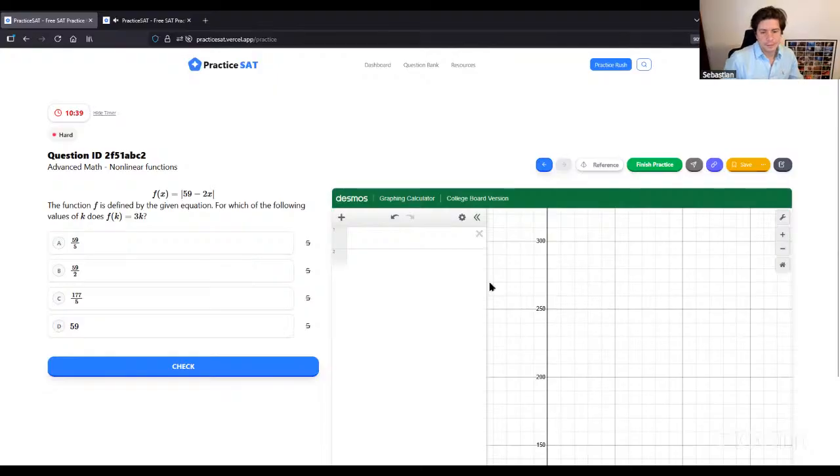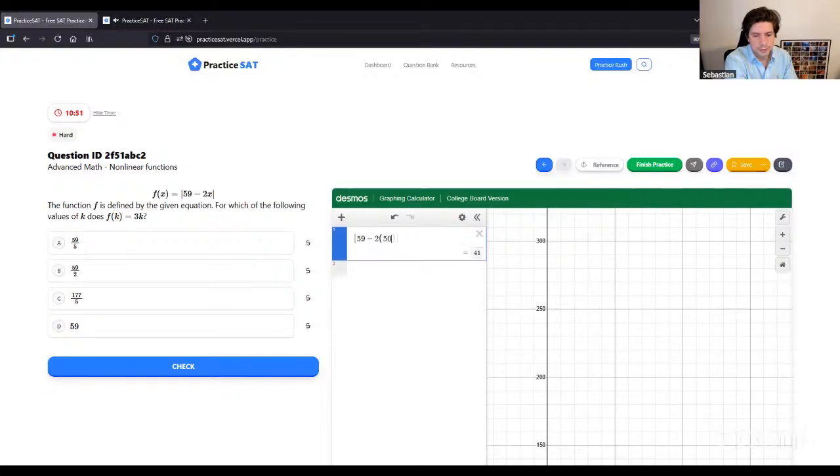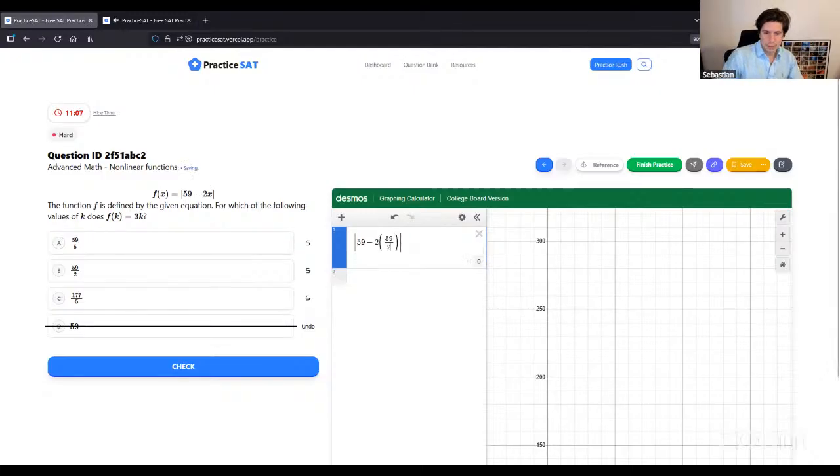So if I do 59, let's just use this beautiful Desmos here. Minus 259. If you have a different method, I'd love to hear it. So that just gets us 59. So that's when it's equal. That's not going to work. How about 59 over 2? That gets us 0.